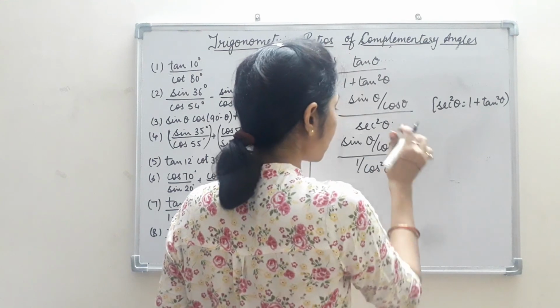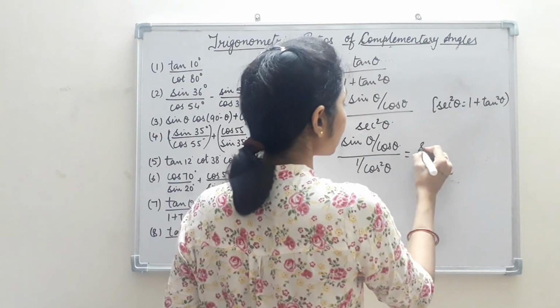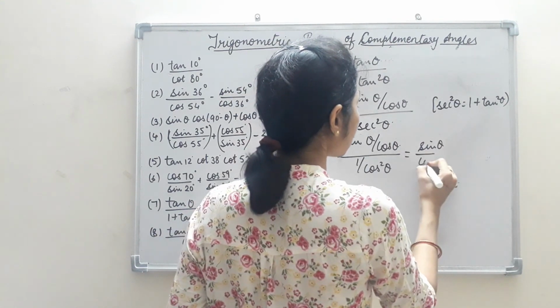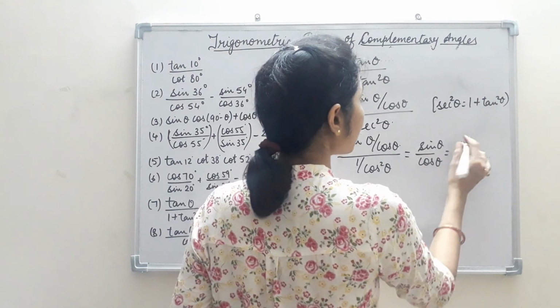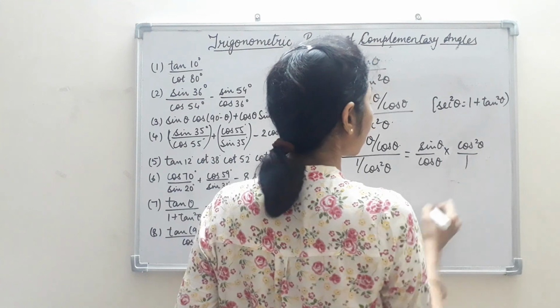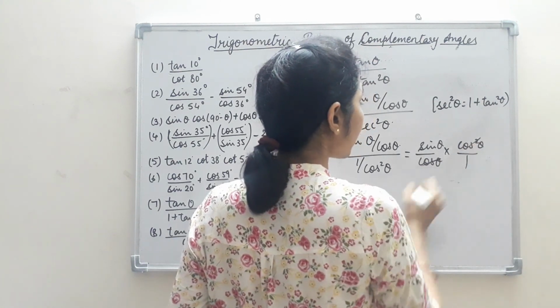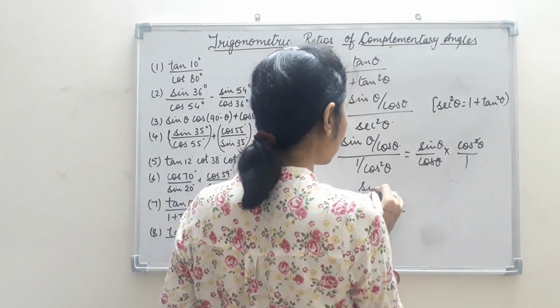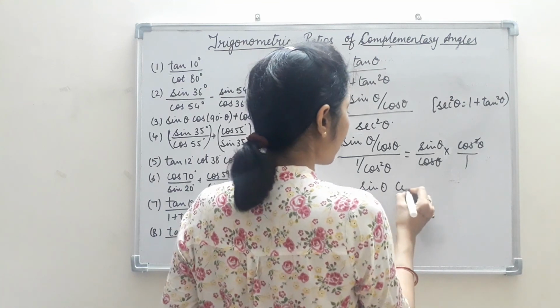Now I will just take the reciprocal of it and multiply it there. So sin theta upon cos theta is multiplied by cos square theta upon 1. This cos and this square cancels. So I have got here sin theta into cos theta.